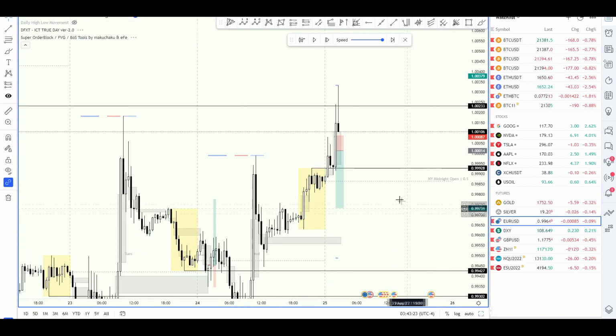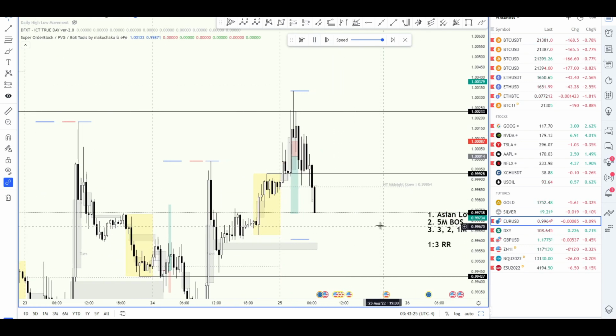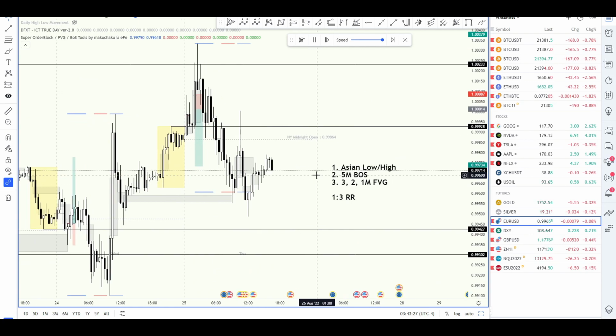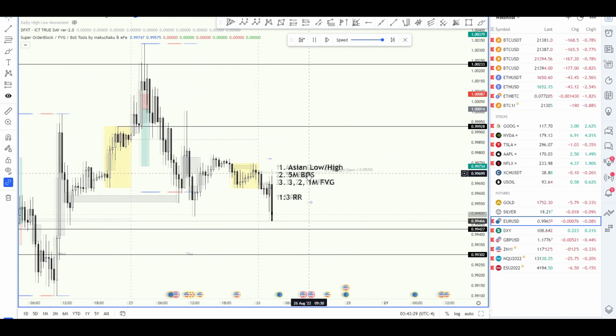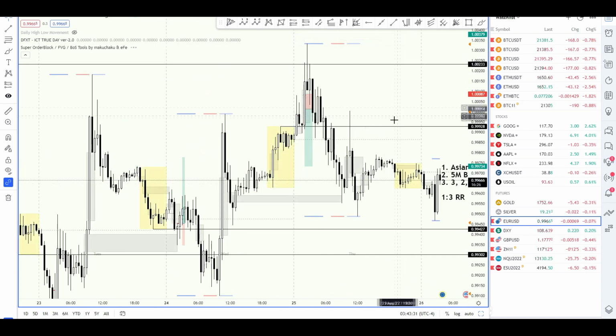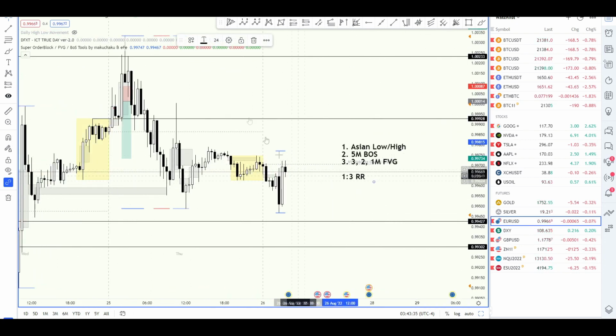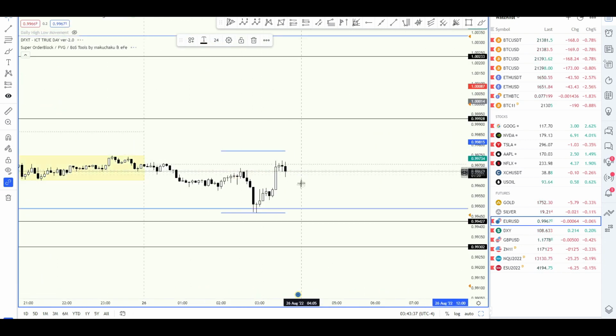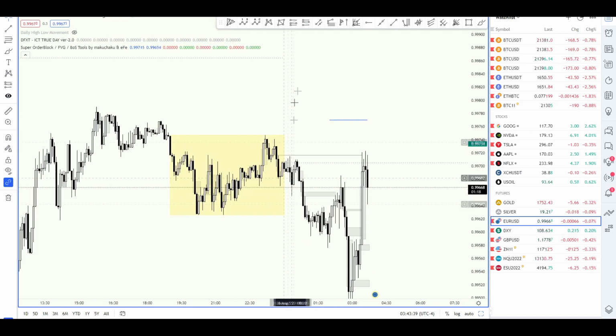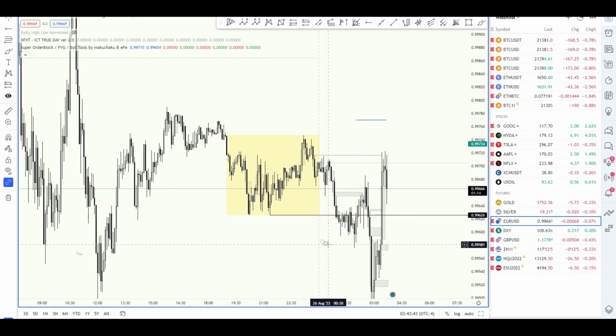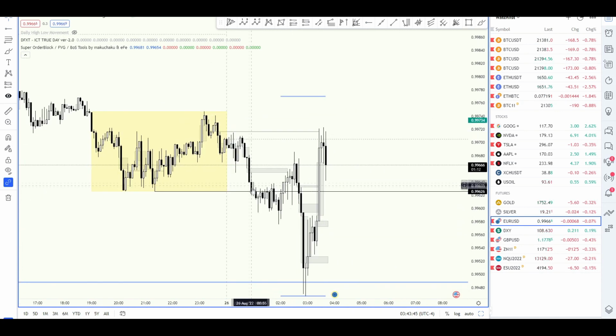Let's see if we have any more winning trades. And it is today, I guess. Yeah, that's right. So let's look at the results. If we have a setup today, the low is taken. Here is our BOS.